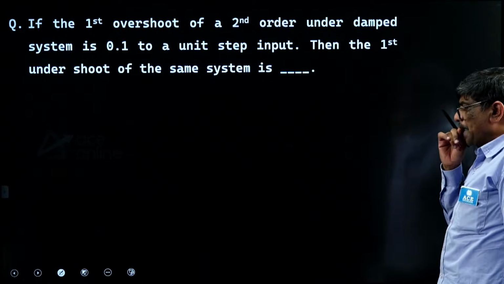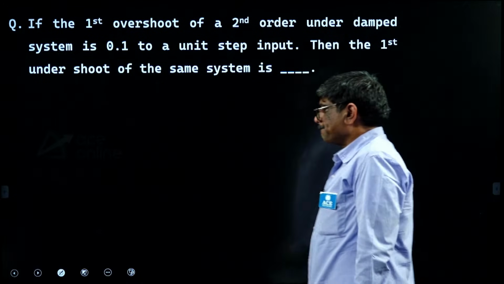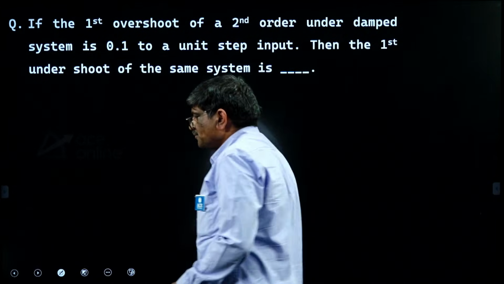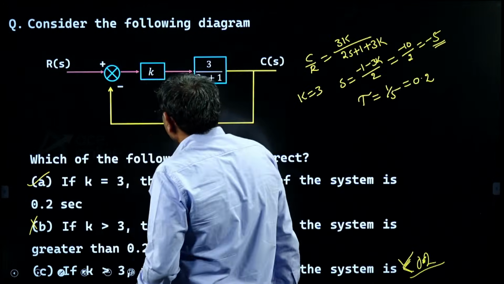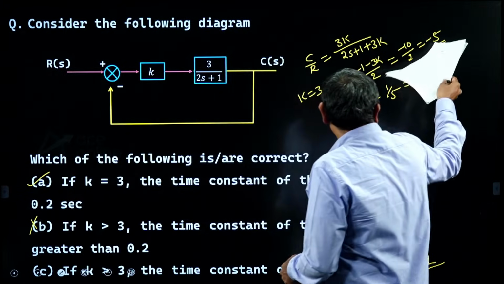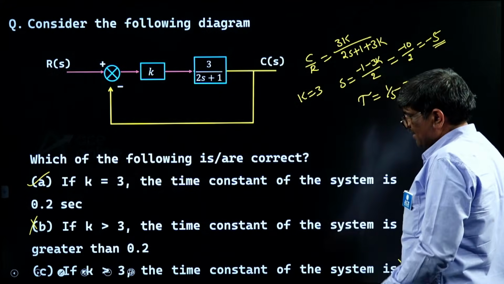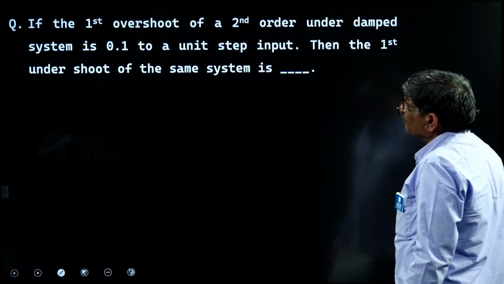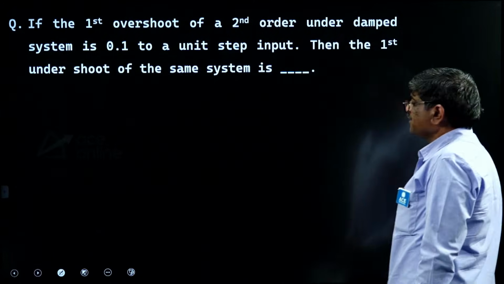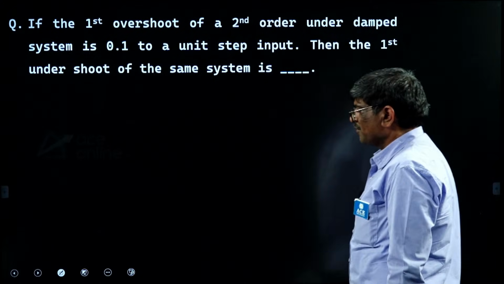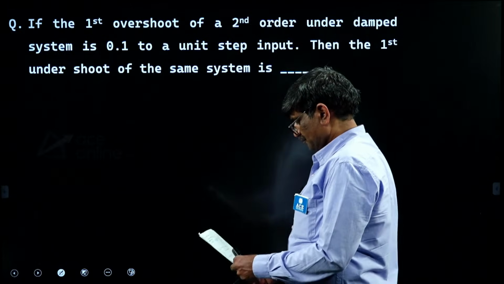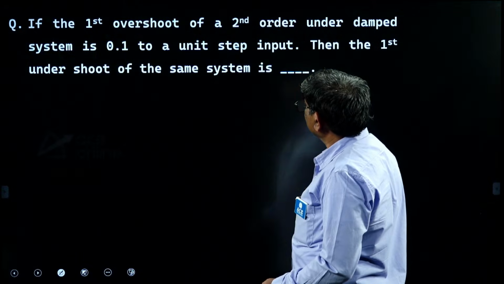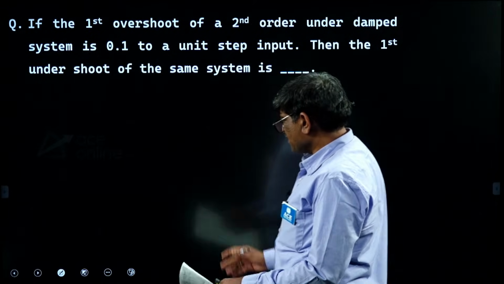This question is solved. A is correct: K equal to 3, pole -5, time constant 0.2, correct. This is solved. We can add one or two slides, no?